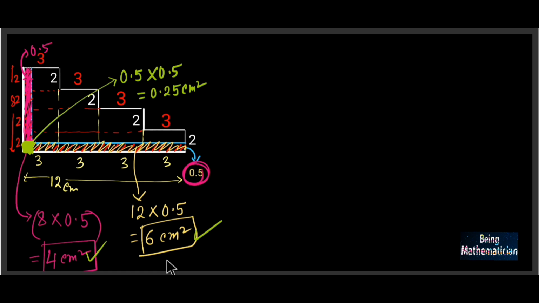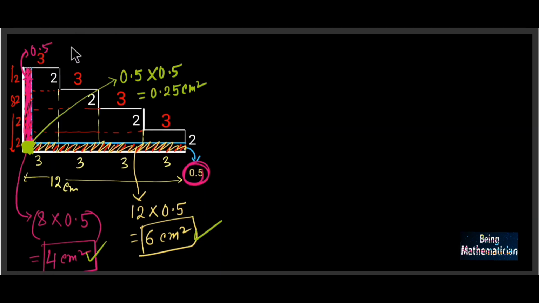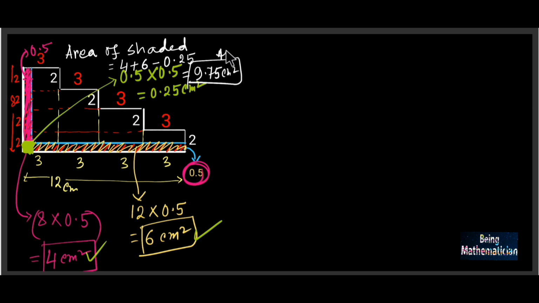Now we can find our answer, that is the area of the shaded region: 4 plus 6 minus 0.25, and it must be 10 minus 0.25, and it is 9.75 centimeter square. So it is our answer.